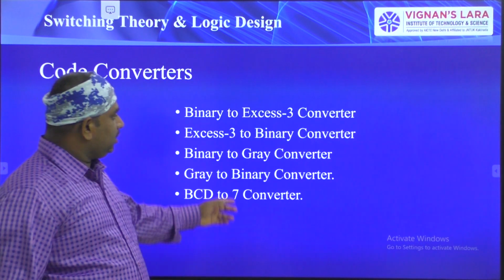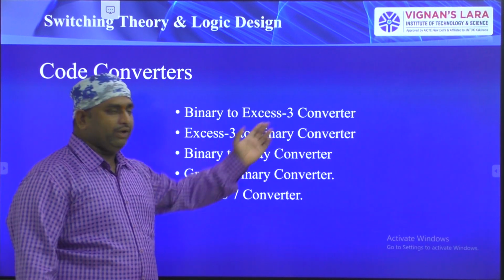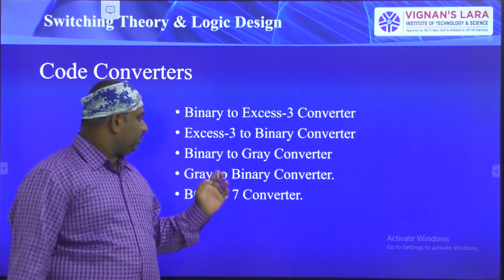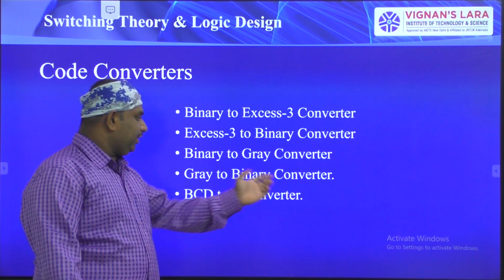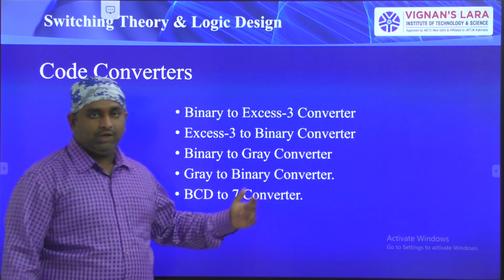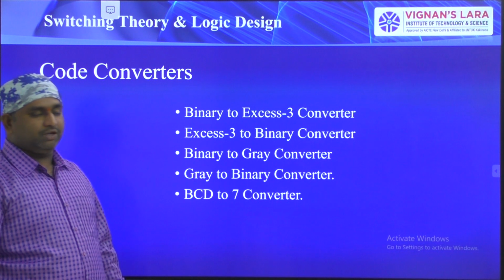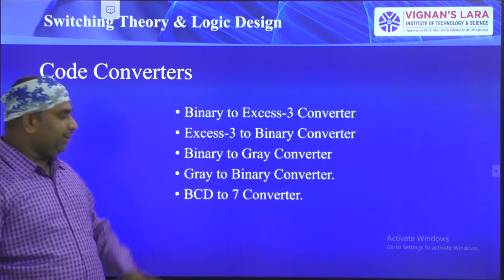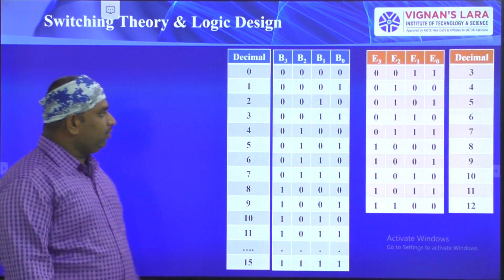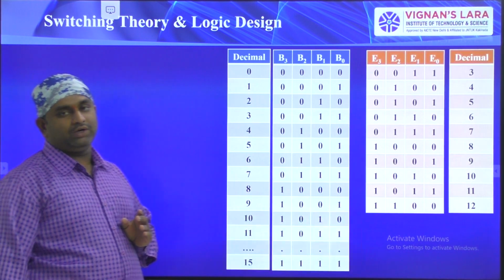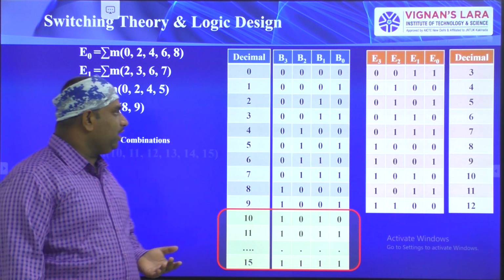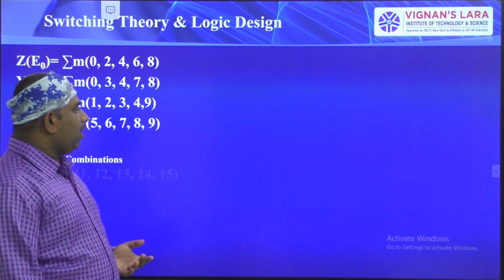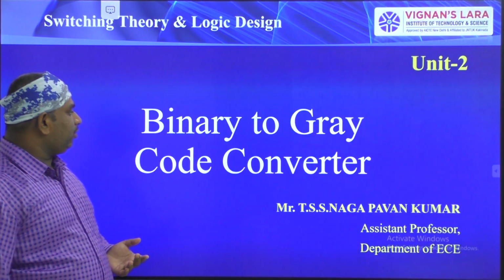We have binary to XS3 converter, XS3 to binary converter, binary to gray converter, gray to binary converter, and BCD to 7-segment display or 7-segment decoder. Now we will see binary to gray converter and gray to binary converter. We will see one side of the converter, and the second side you have to do as practice at home.